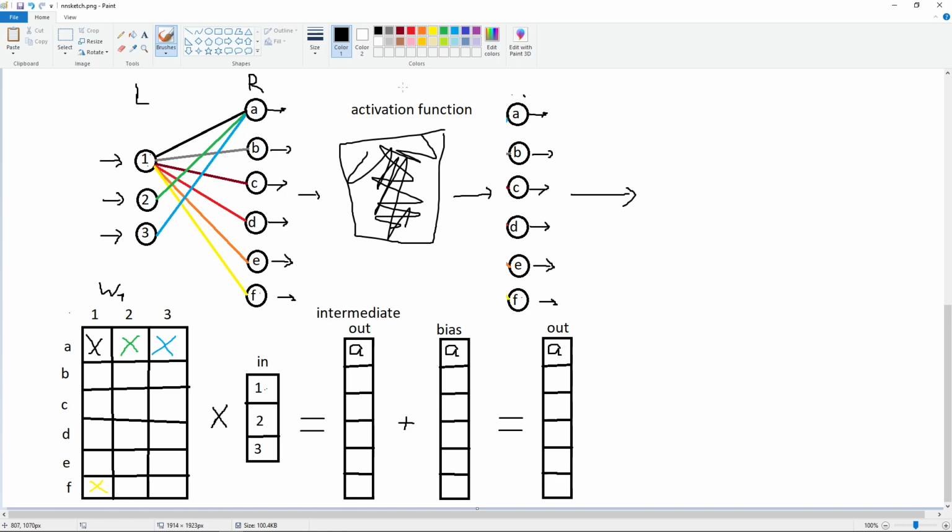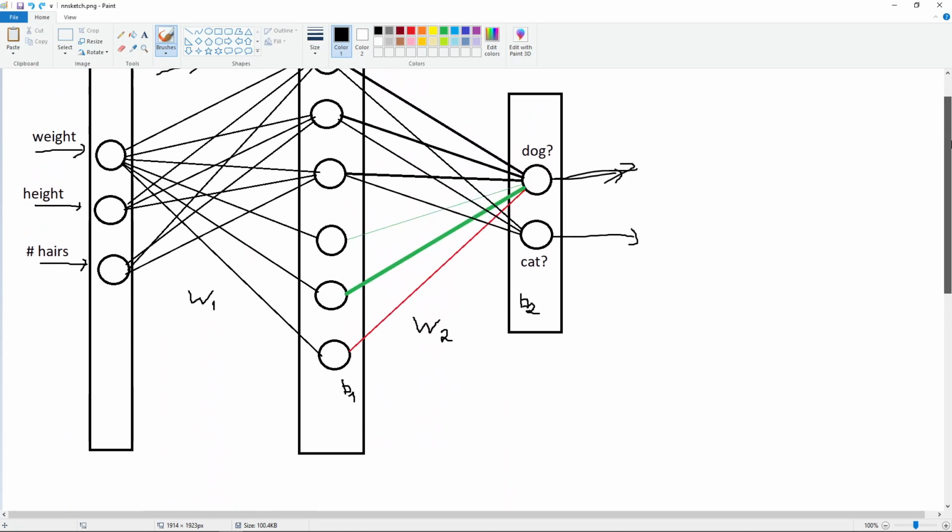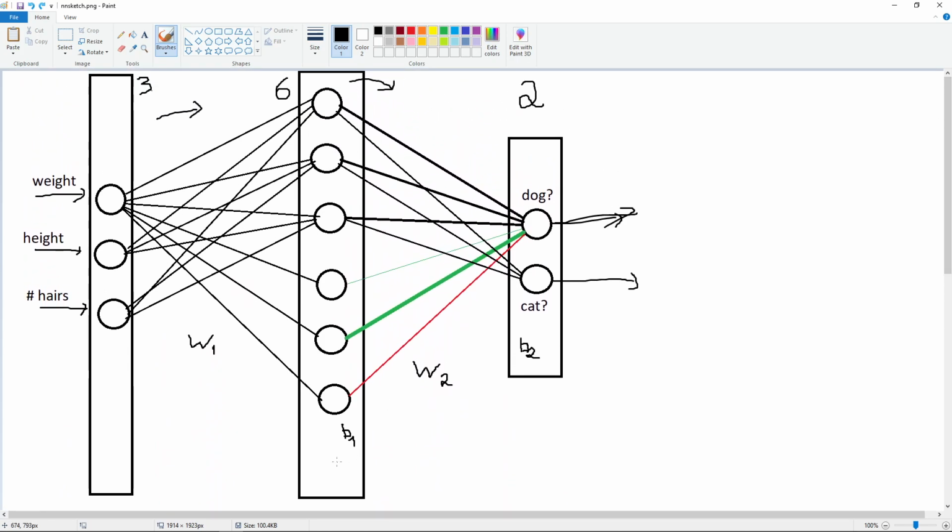And so basically we just have to find an activation function that is suitable for us and insert it after this step over here and after this step over here. And there's a couple of popular alternatives.